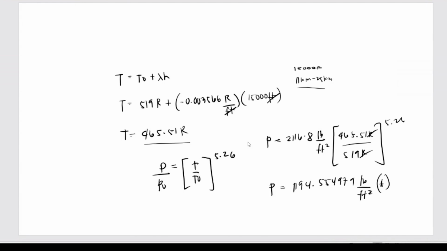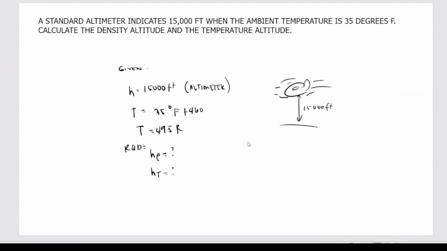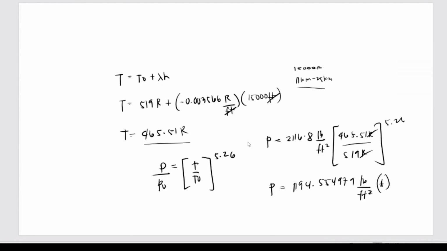So, meron kang pressure, meron kang given na ambient temperature, and ang hinahanap is density altitude. So, kukunin muna natin yung value ng density. Using the equation of state, P is equal to rho RT and rho is equal to P over RT.